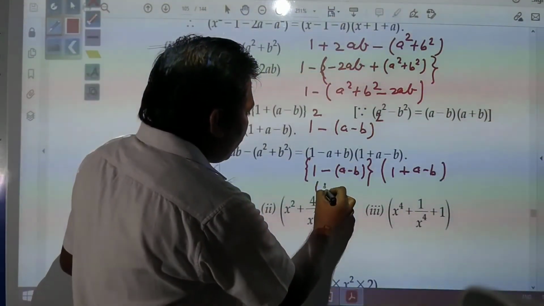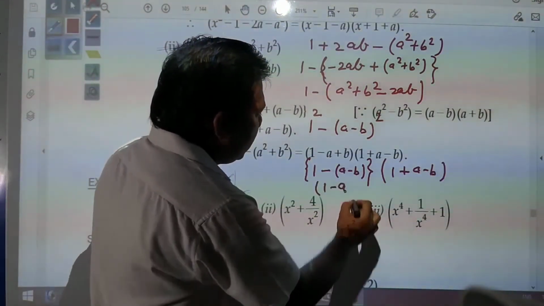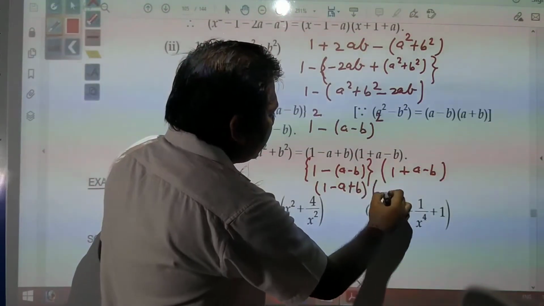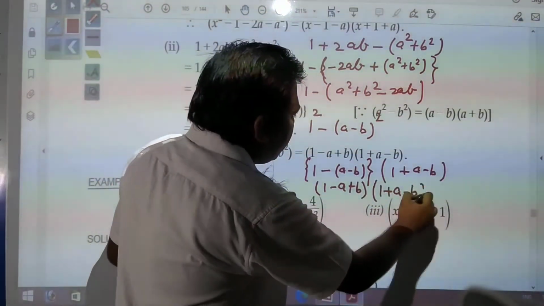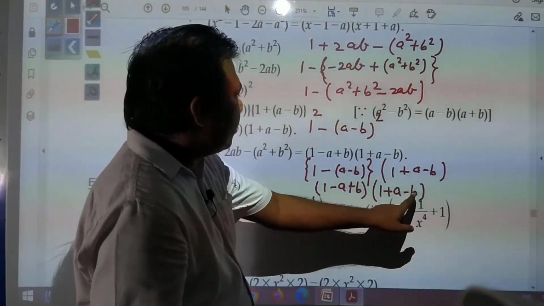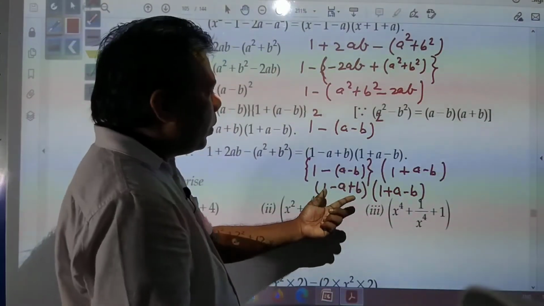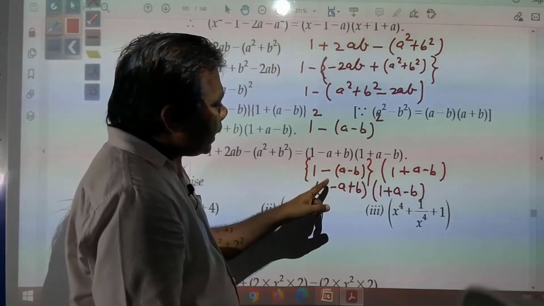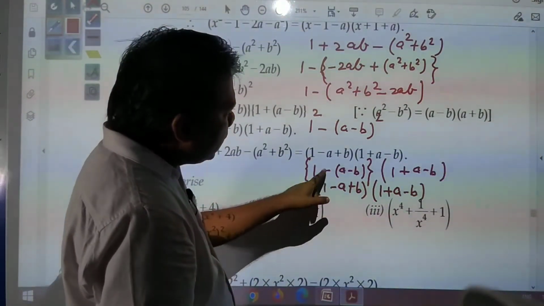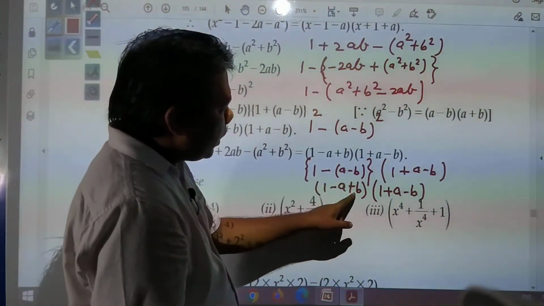This will be written as 1 minus a and plus b, and this will be 1 plus a minus b. So 1 minus a plus b into 1 plus a minus b. Here you see 1 minus a plus b into 1 plus a minus b. So while writing sign, you must be conscious that mistake must not be there. Here it will be minus a and it will become plus.